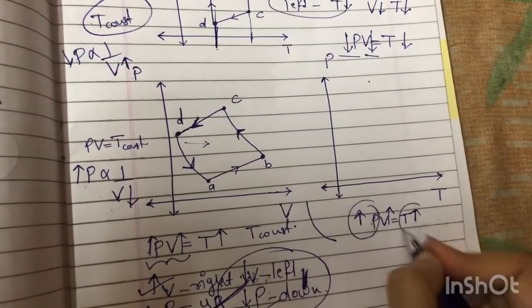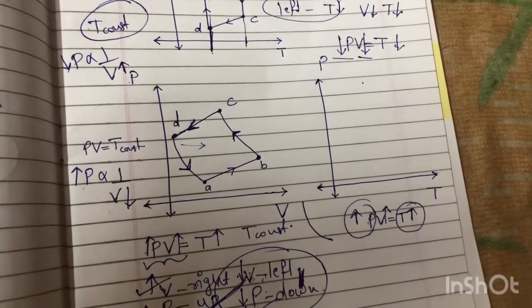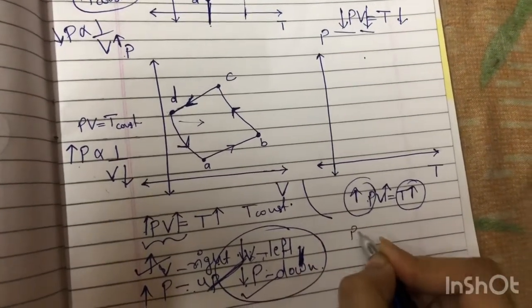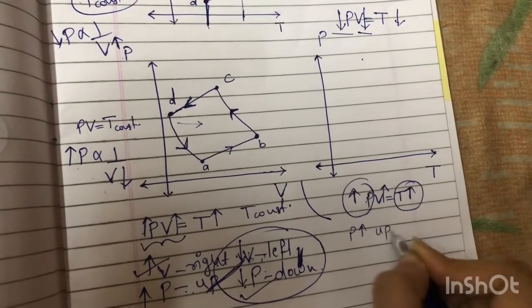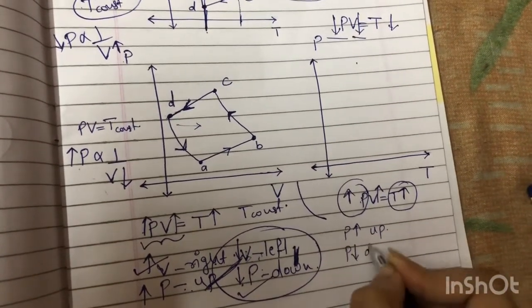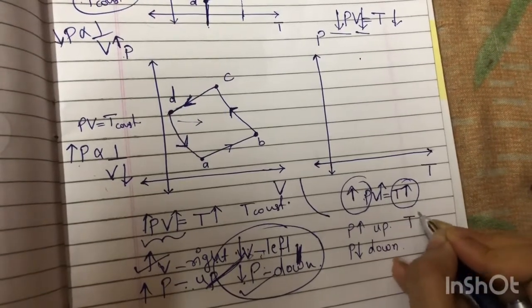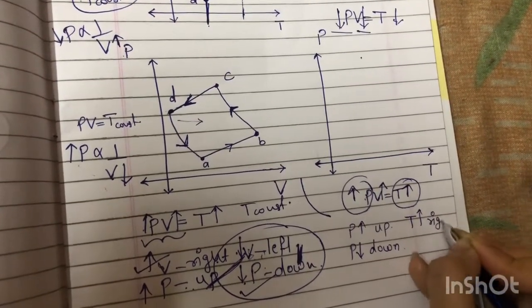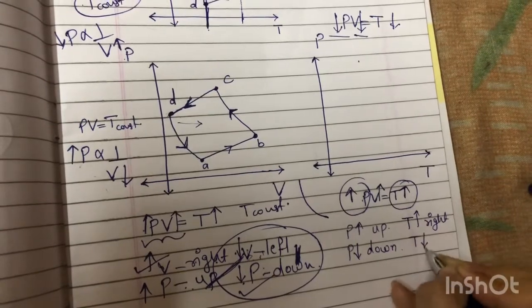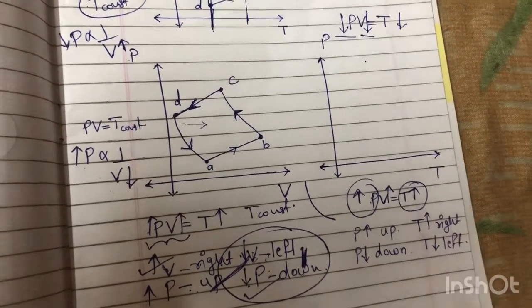Both of them are increasing. If pressure increases, the graph will move up. If pressure is decreasing, the graph will move down. If temperature is increasing, the graph will move towards the right. If temperature is decreasing, the graph will move towards the left.